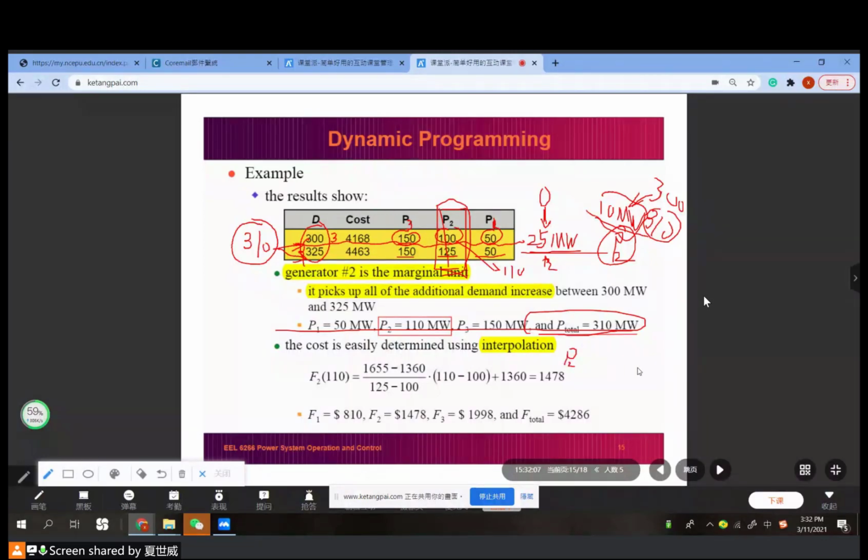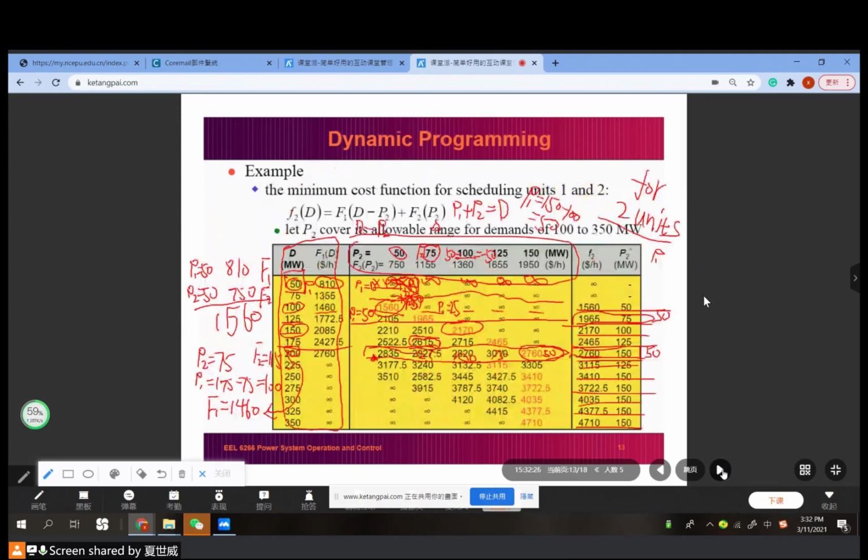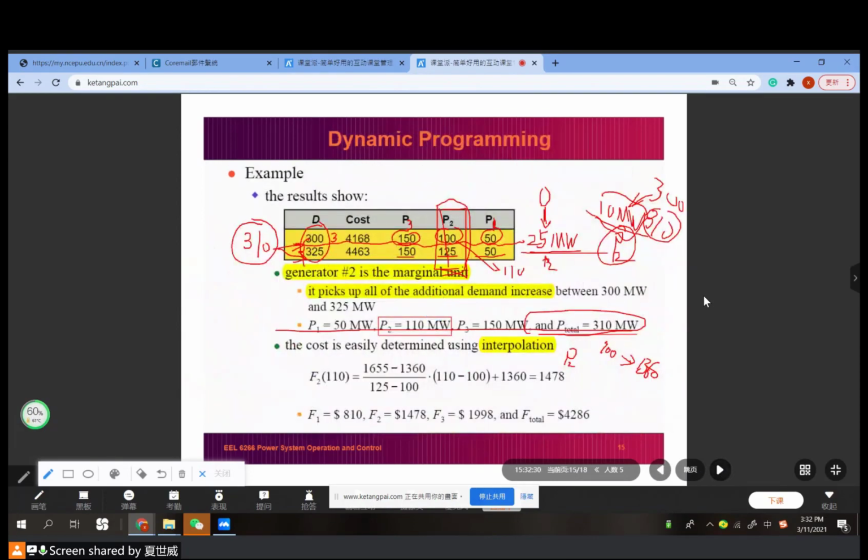Only for P2. We know that for generator P2, when the power is 100, how much is the cost? You see, for 100 it is this one. For 125 it is this one.